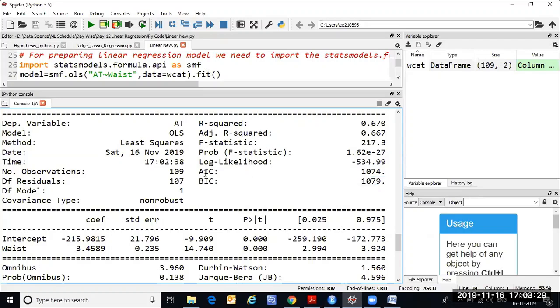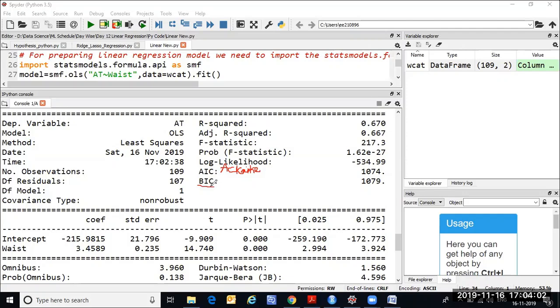AIC stands for Akaike Information Criterion. BIC stands for Bayesian Information Criterion.